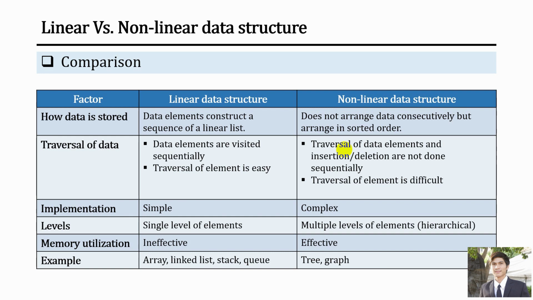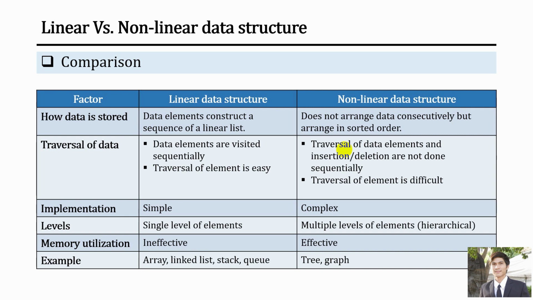Regarding memory utilization, non-linear data structures perform better. Examples of non-linear data structures are tree and graph, while for linear data structures we have seen before array, linked list, stack, queue, and also hash table.